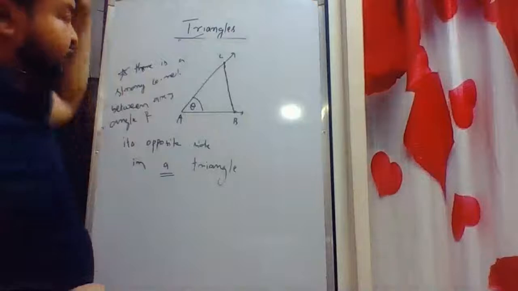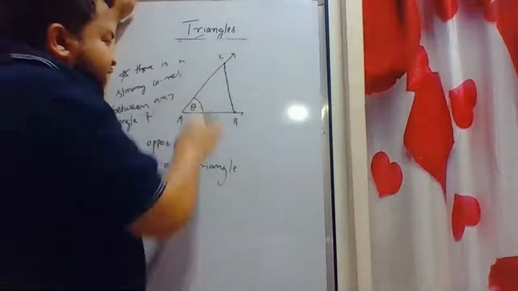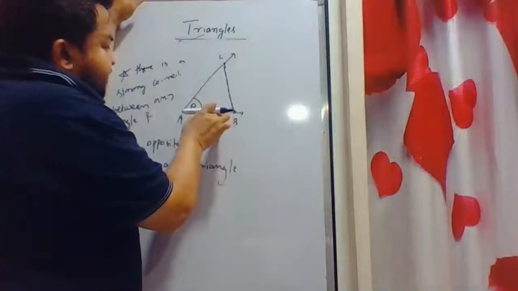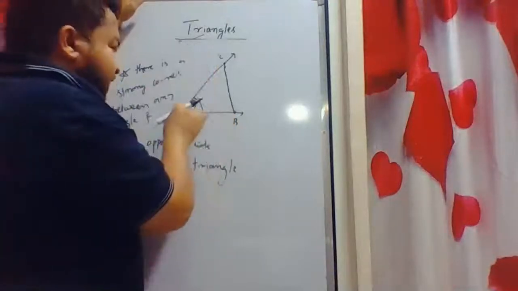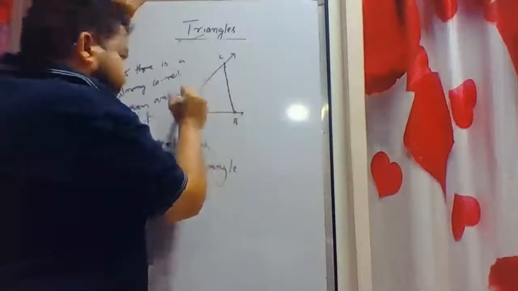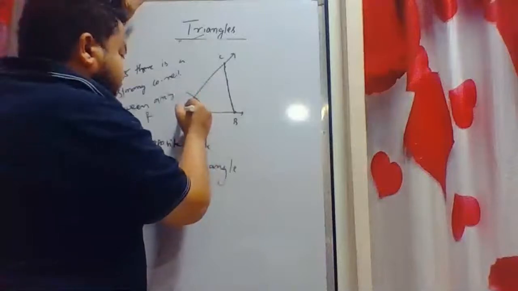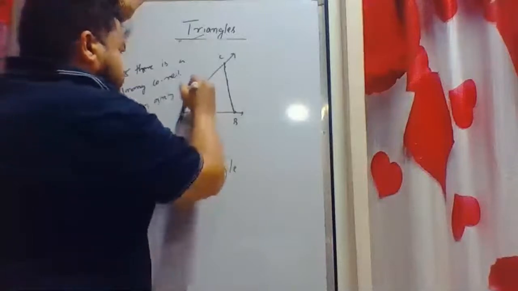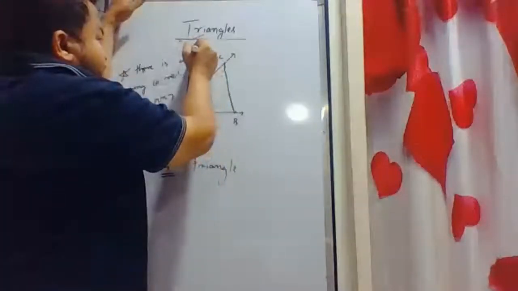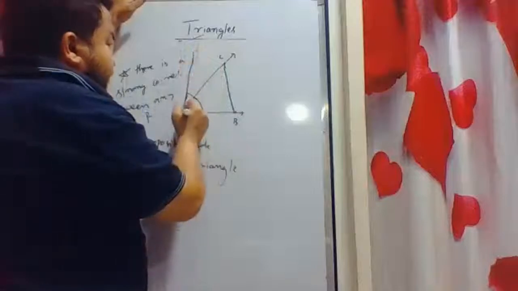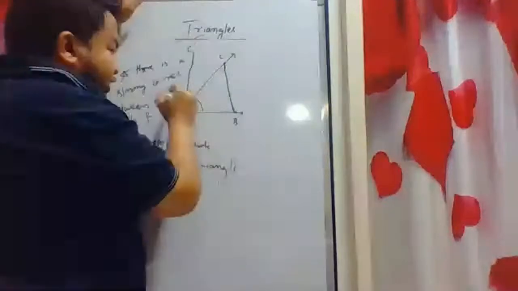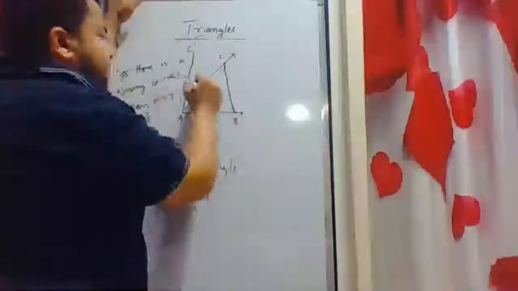What does that mean? Let us try to understand. Okay, so in this figure I had drawn angle A. Now let me not change the length of AB and AC, and let me increase this angle from this much to this much. Suppose this is your C prime, and I have increased the angle from theta to, suppose, alpha.